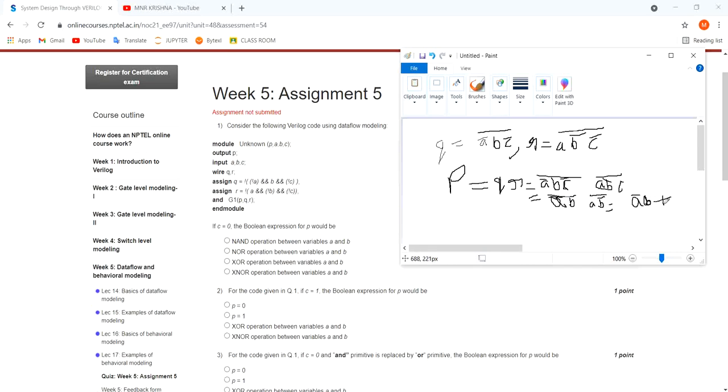A plus B whole bar means A B bar whole bar. Here A bar B plus A B bar is nothing but XOR operation between A and B, with whole bar. This can be written as XOR.